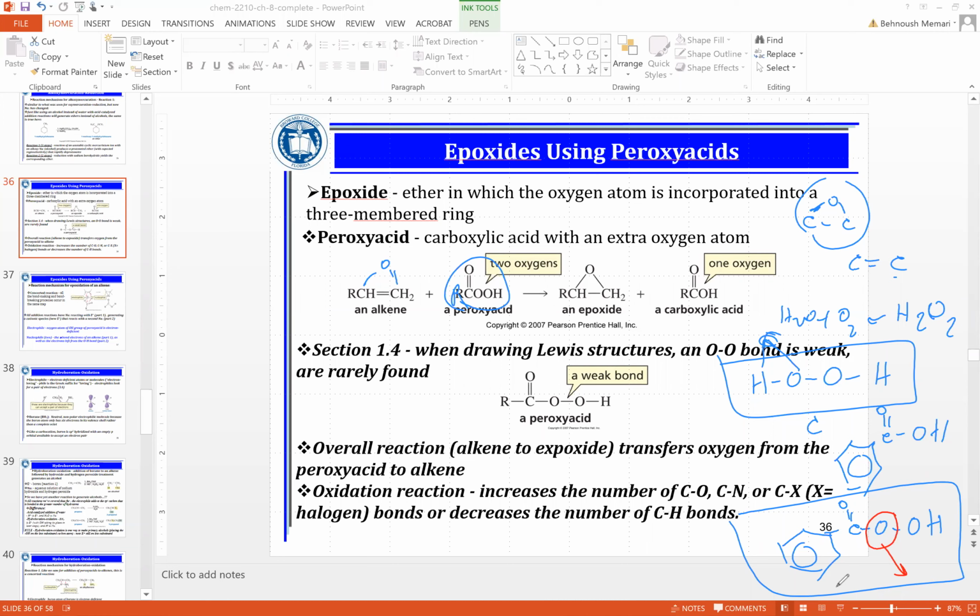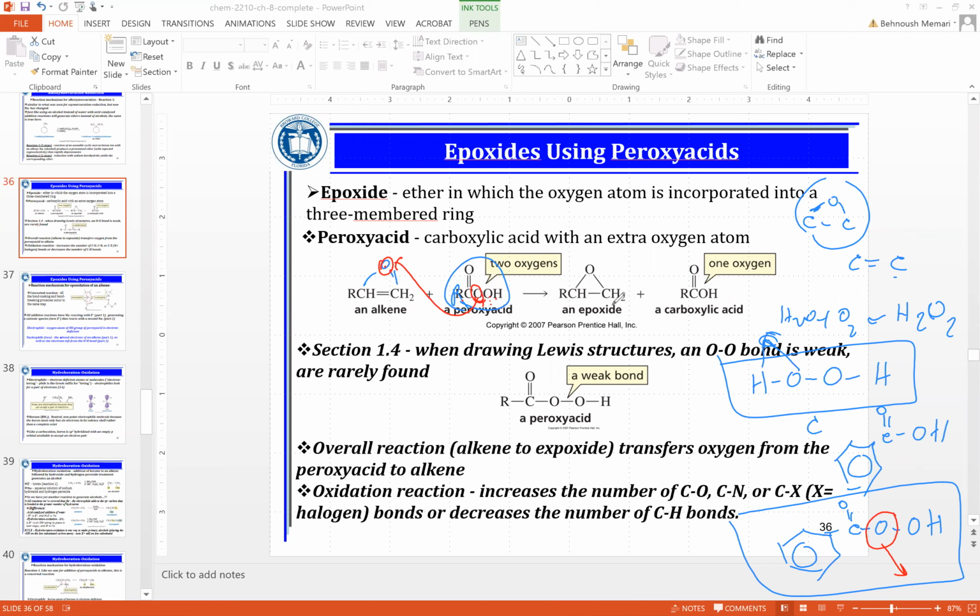And since we need oxygen here, the best reactant to take the oxygen from is a peroxy acid. There's an extra oxygen here that can serve as the oxygen we need for the alkene. That's the easiest and simplest way for me to say it. When you are using peroxy acid, this is basically an oxidizing agent. It can provide oxygen because it has a loosely bound oxygen in the molecule.